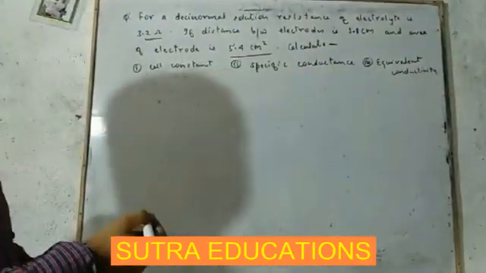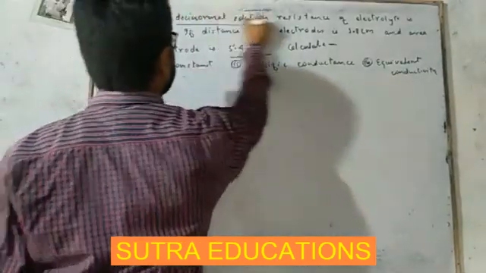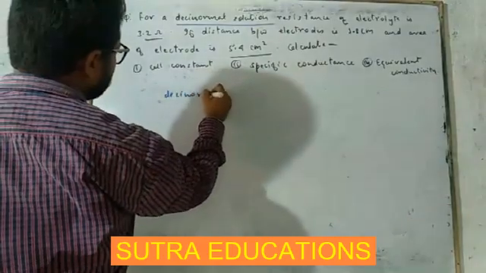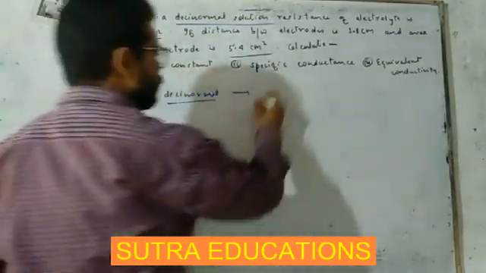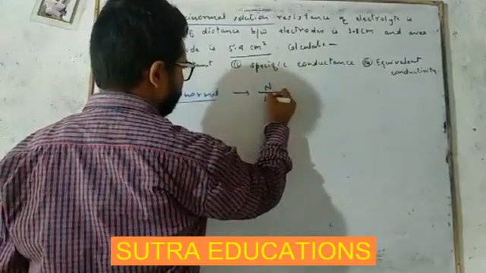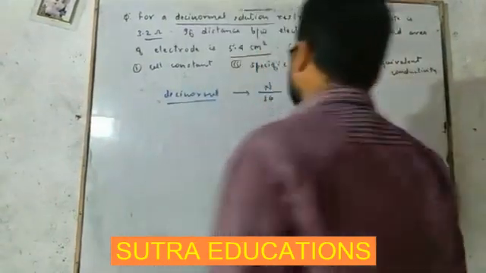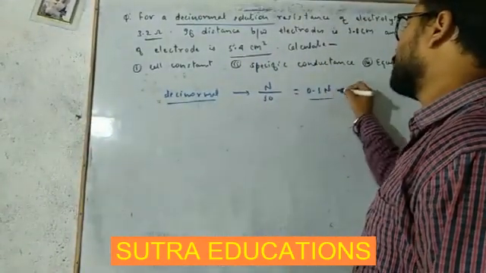So we have given what? Deci normal solution means normality is N by 10, means it is 0.1 normal. This is normality.